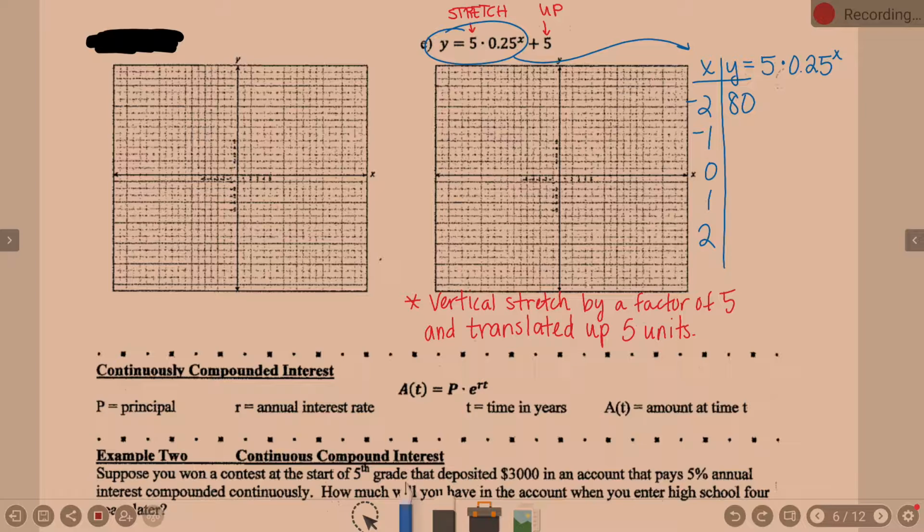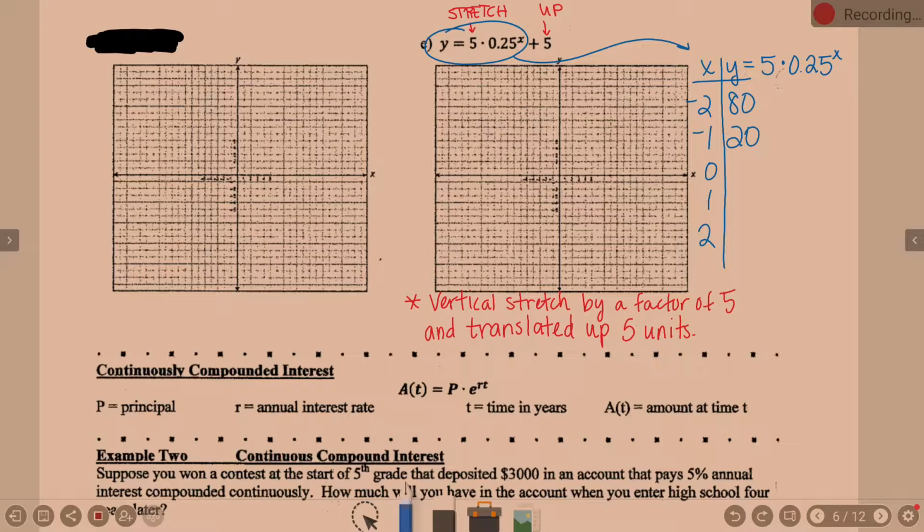Okay? Because 0.25 is 1/4. 1/4 when you flip it upside down is 4. 4 squared is 16. Times 5 is 80. Okay, put -1 in. 20. We'll adjust our graph. I'll make it work.